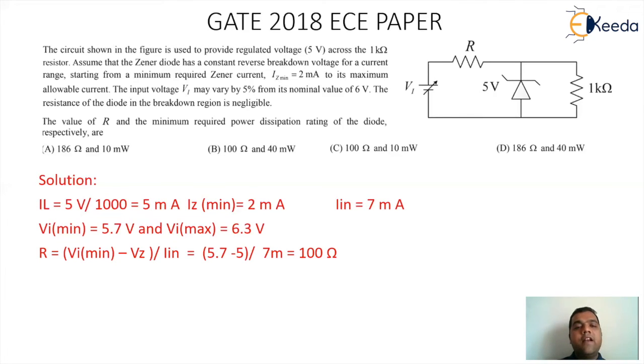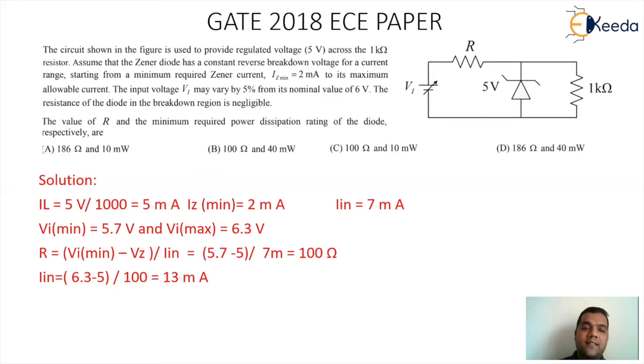Now the second thing we need to understand here is if the input rises to 6.3 volt, that is 6 volt plus the 5% addition effect, then the input current will be 6.3 minus 5 divided by 100, because now we know the value of input, we know the value of Vz and we know the value of R also. So the value of your current will become 6.3 minus 5, that is the potential difference, upon the R value, that is 100.